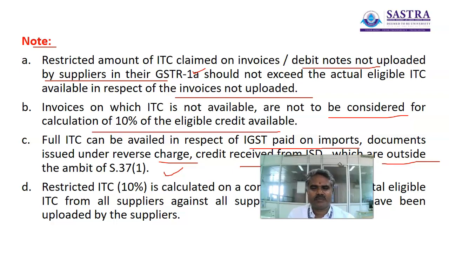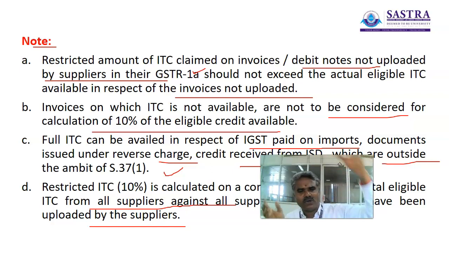Restricted ITC of 10% is calculated on a consolidated basis, on the total eligible ITC from all suppliers against the supplies whose details have been uploaded by the suppliers. They will take the total of all suppliers, and only then allow 10%.